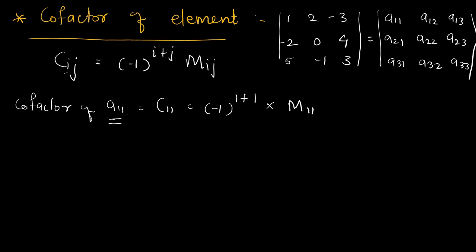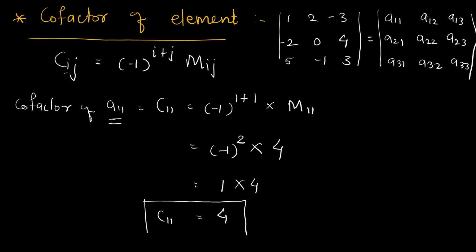In this you have already solved for M11, which was 4. So minus 1 raised to 1 plus 1 is 2, minus 1 squared is 1, and 1 into 4 is 4. So the value of the cofactor of element a11 is 4.